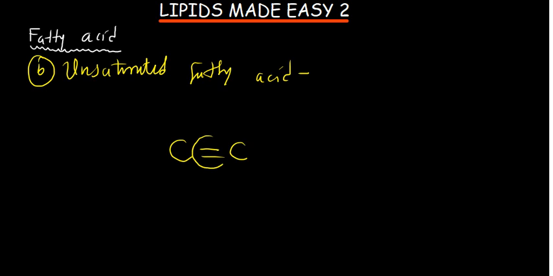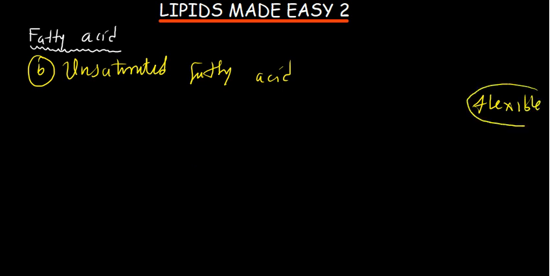This double bond is what makes the unsaturated fatty acid flexible. You need to know that unsaturated fatty acids are flexible. Why are they flexible? Because they have the presence of a double bond in them.